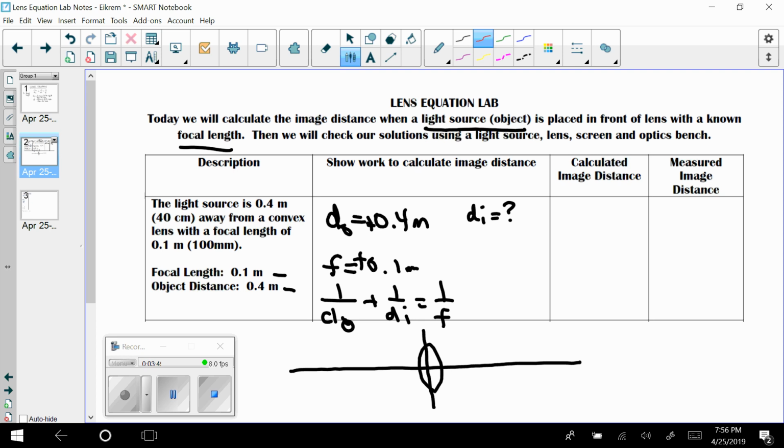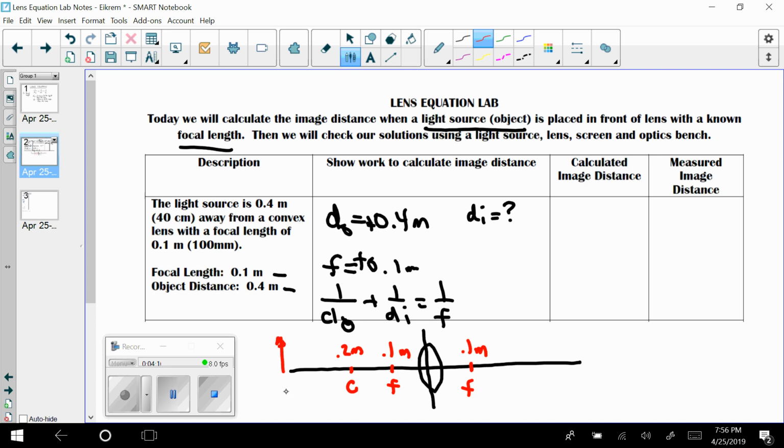And we have a focal length of 0.1 meters. That's F. C would be 2 times the focal length, so it'd be 0.2 meters. And the object, the light source, would be located way out here.